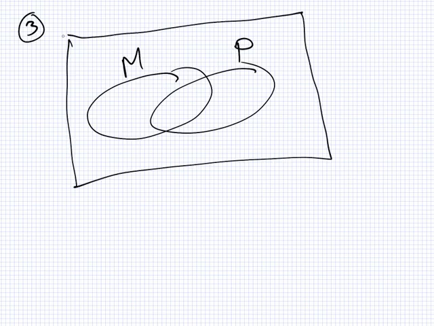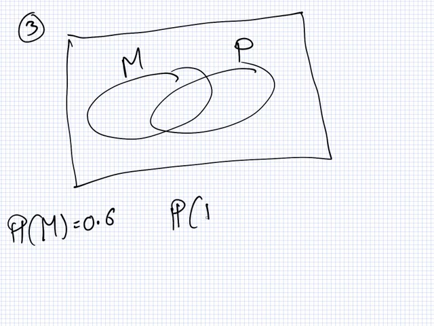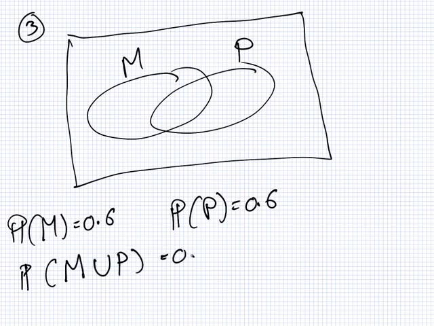Right, let's read it. The probability that a student will study maths is 0.6. The probability that they will study physics is the same. So probability they study physics is also 0.6. 70% of students study maths or physics. So maths or physics is 0.7.